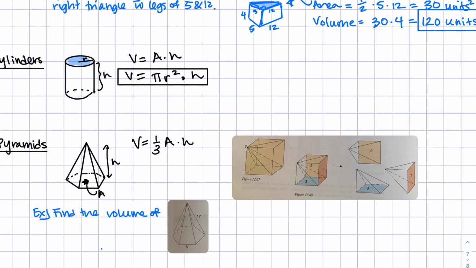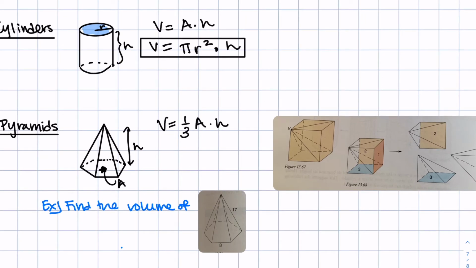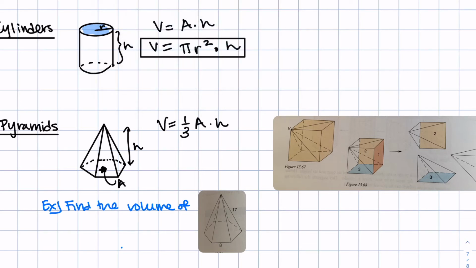Great. Okay, so let's do an example of this because this is one that I think can be a little bit complicated to compute. So it is good here to think about and to be careful about what we mean by the height. Oftentimes when we were talking about the surface area, we were just taking some length of a side here, but that's not the height.